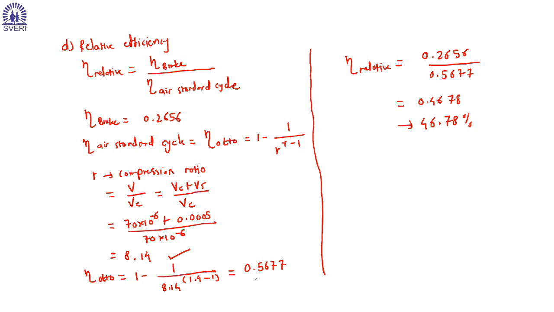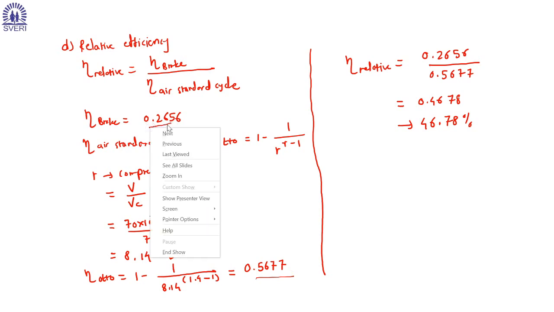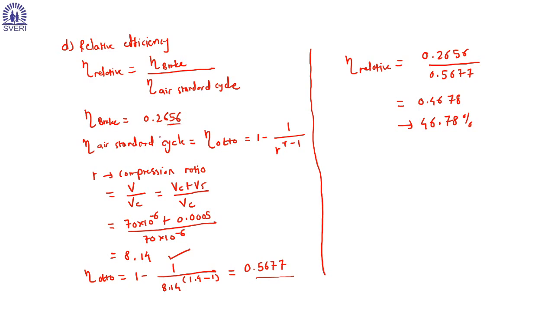As you see, we have calculated the relative efficiency. Here, the Otto cycle efficiency comes out to be 0.5677. Brake thermal efficiency is 0.2656, which is less than the Otto cycle efficiency. Why is it less? Because in an air standard cycle, the working medium is an ideal gas, and lots of assumptions are made, like the walls are isothermal and the expansion is isentropic.